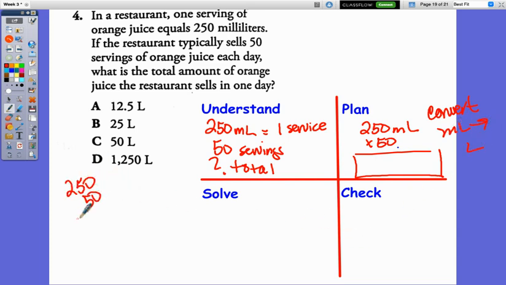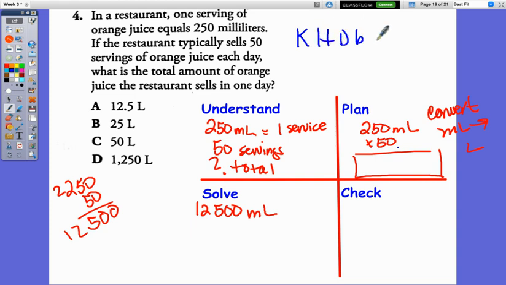250 times 50. I have a 0, and I have an extra 0. 5, 2, 12,500 milliliters. Okay, and we're going to bring up King Henry again. King Henry died by drinking chocolate milk.